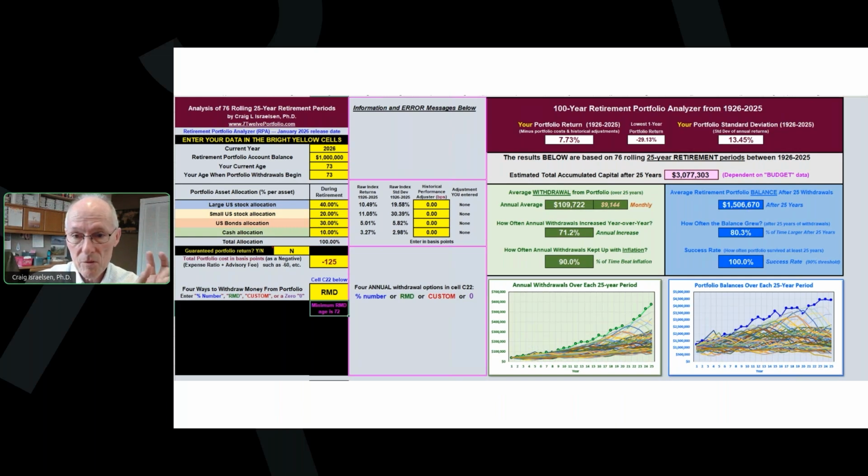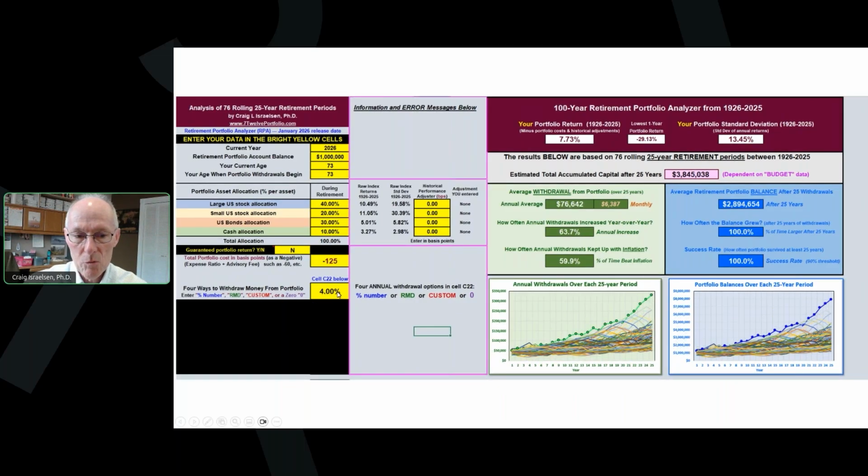Let's just lock those into our head. Now if we go to a 4% annual withdrawal rate, we drop from 110,000 average annual withdrawal to 76,000. But our portfolio balance goes from 1.5 million to just shy of 3 million.